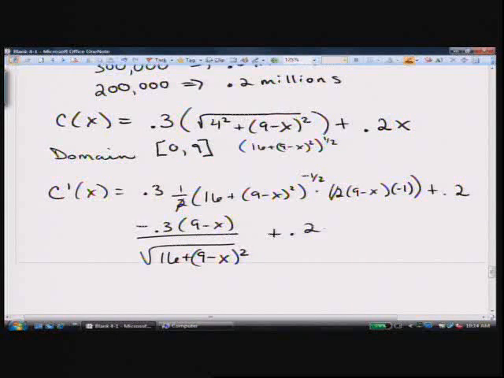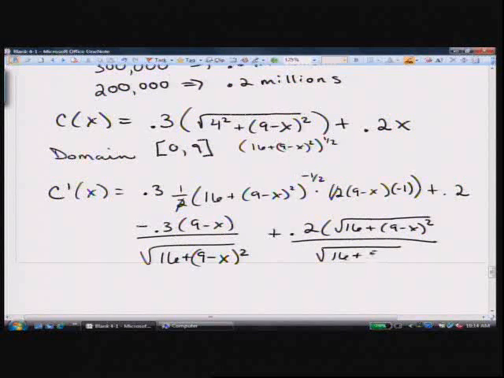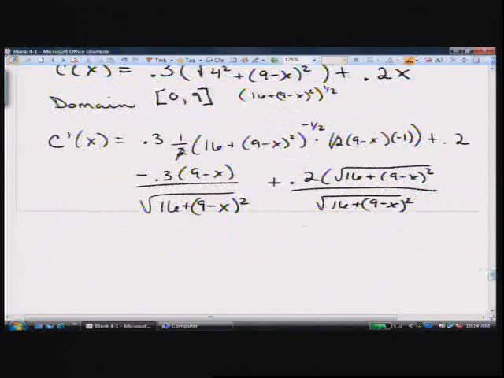And so I'm going to go ahead and get the common denominator, which will be the square root of 16 plus 9 minus X squared all over that. All right, and so remember, our derivative equals 0 when the numerator equals 0.